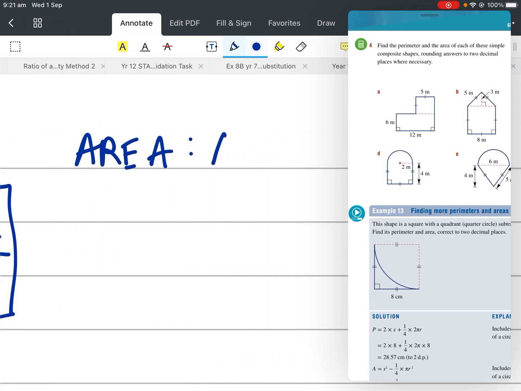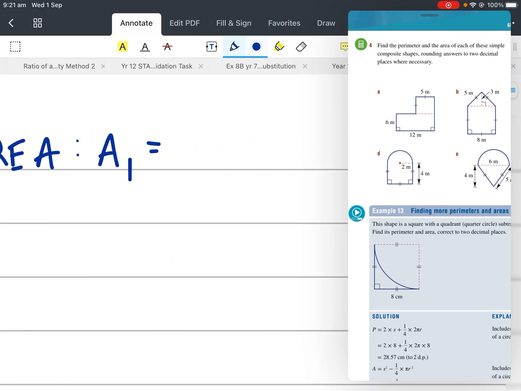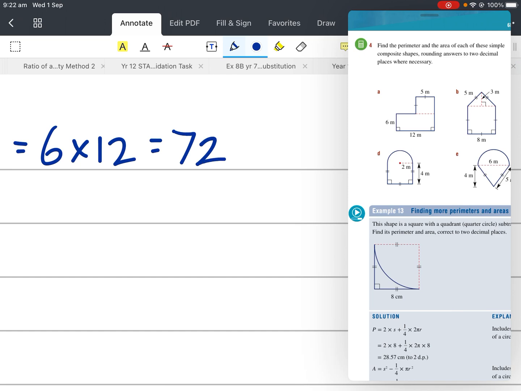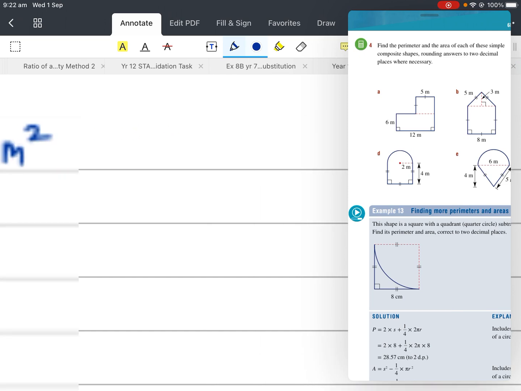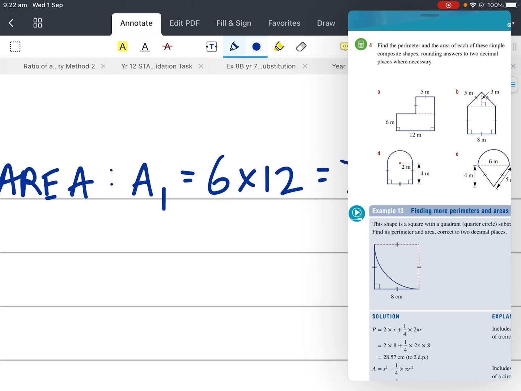So I'm going to do area 1 equals 6 by 12. And 6 12s are 72, aren't they? Now that's in metres, and I found an area, so that's metres squared. Now I have area 2. That's got a stroke on both sides, so that means it's a square, doesn't it?